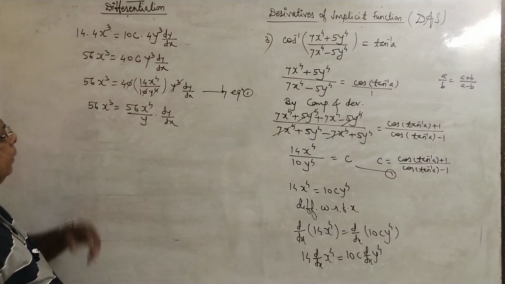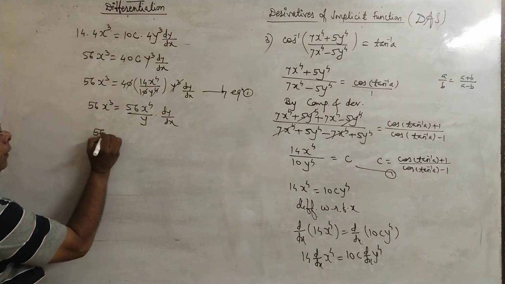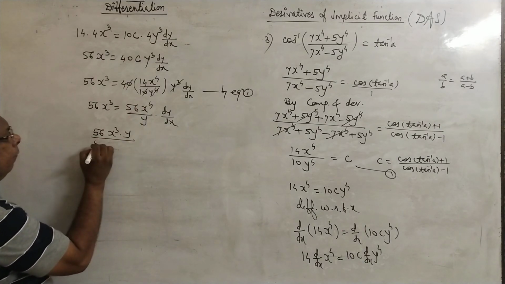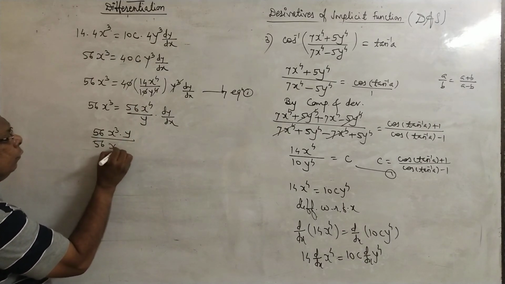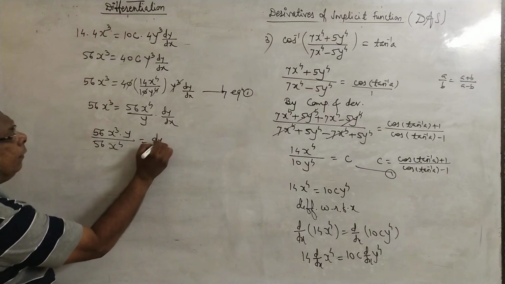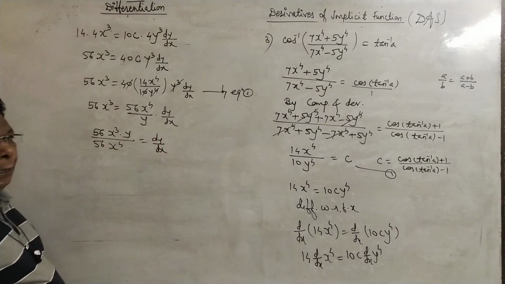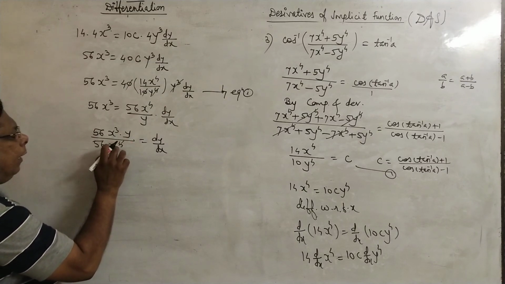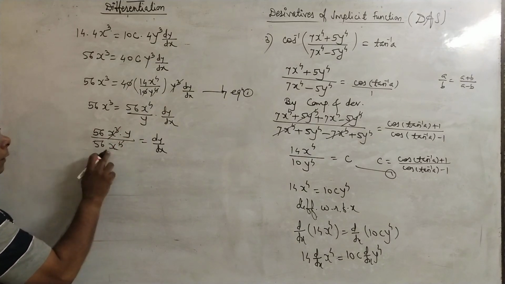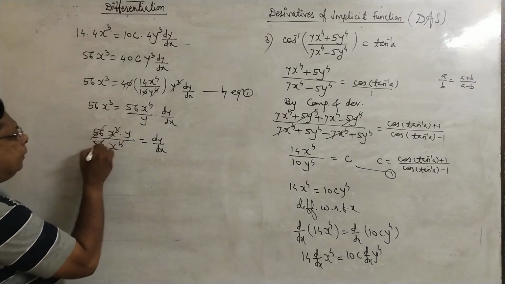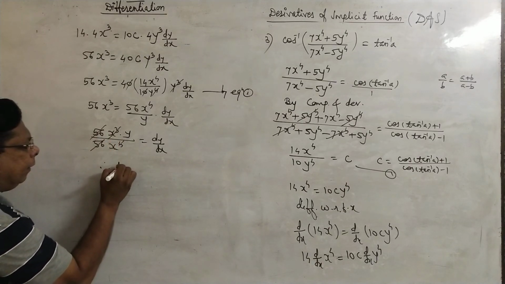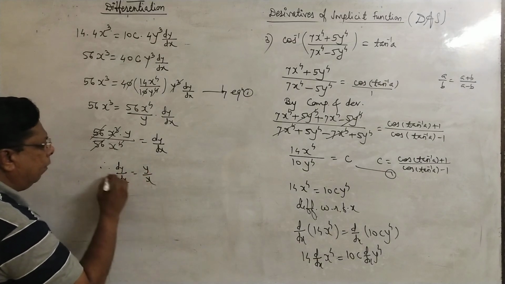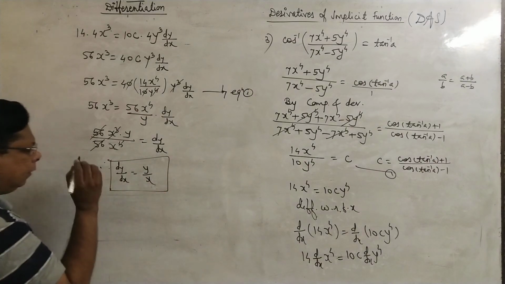Okay, do cross multiplication. 56x cube into y upon 56x raised to 4 is equal to dy by dx. Now x cube gets cancelled, x remaining, and 56 also gets cancelled. Therefore, the required dy by dx is y upon x.